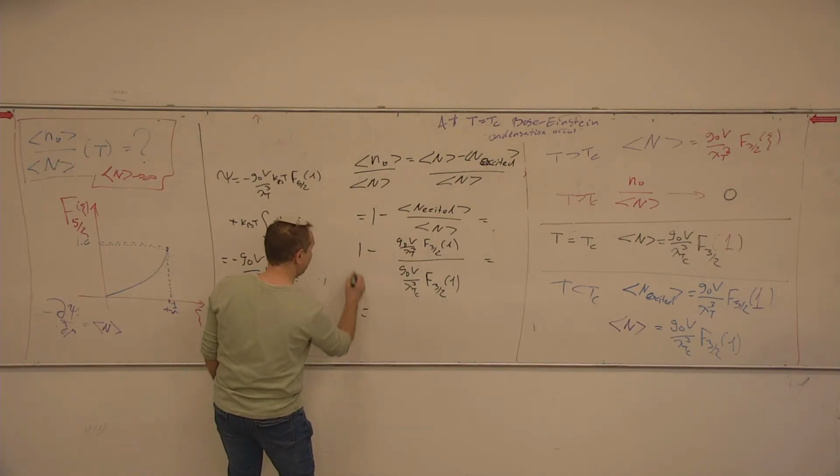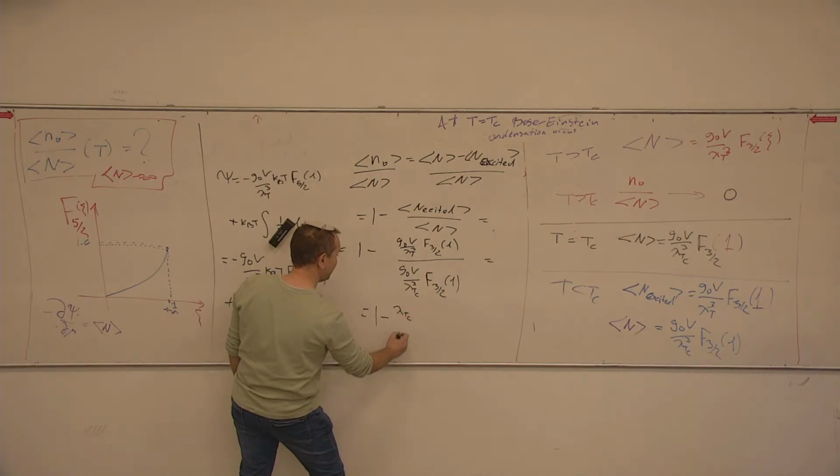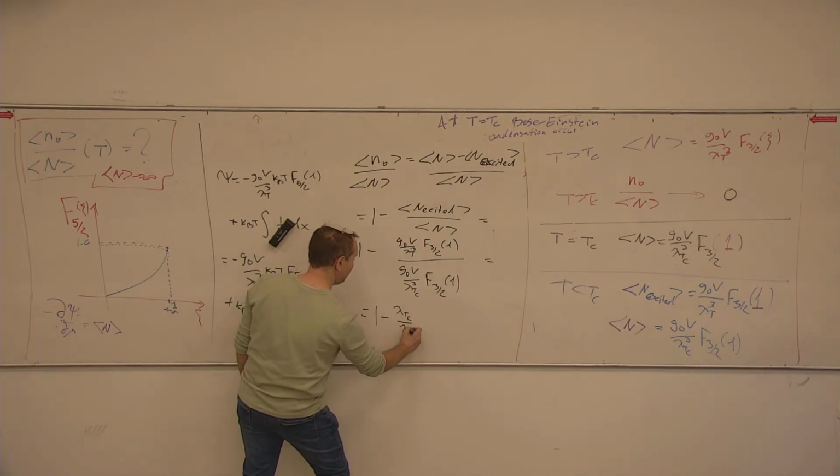And we get that it equals 1 minus lambda TC divided by lambda T to the power of 3.